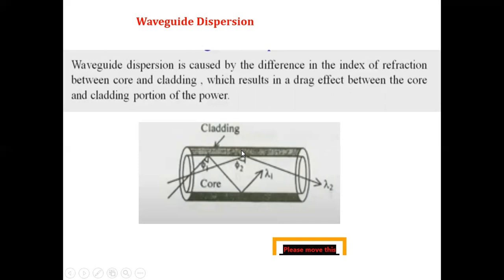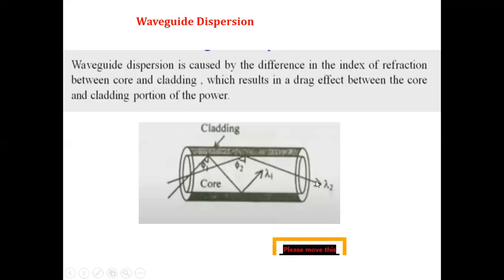So the amount of waveguide dispersion depends upon the fiber design. So this dispersion depends upon the design of the fiber. So the index of the refraction means at which angle the light is to be refracted. So whenever you are going to send the light, that is a different wavelength, here we have lambda 1 and lambda 2, and so on.